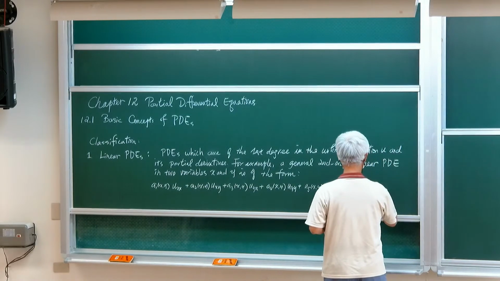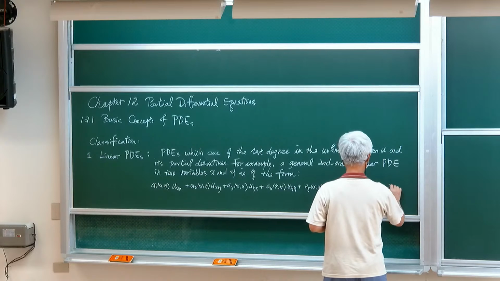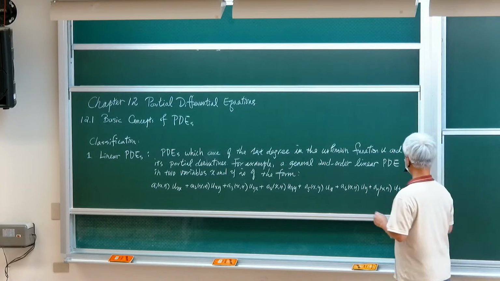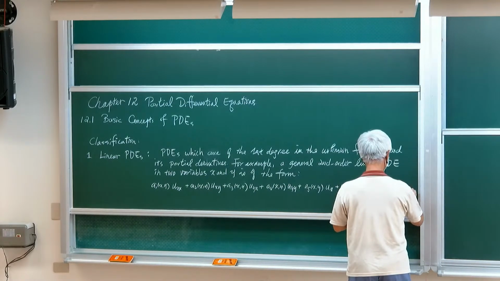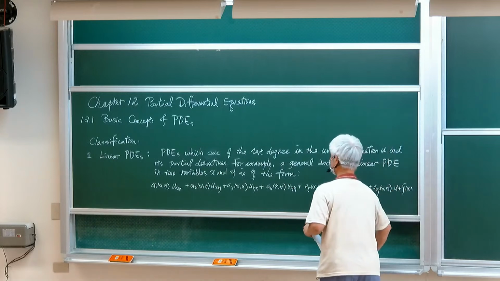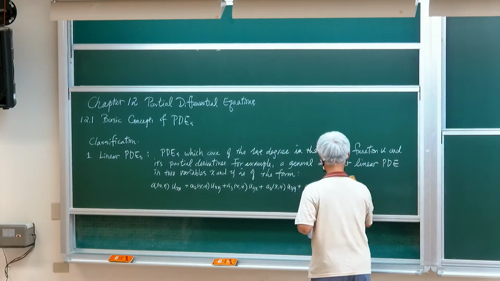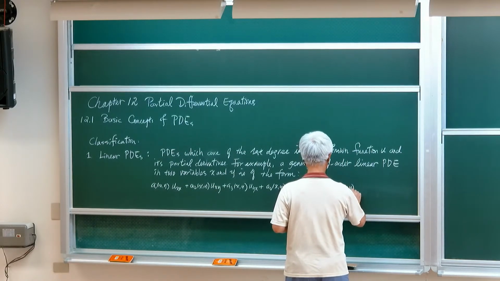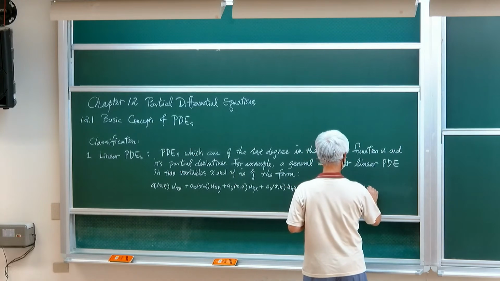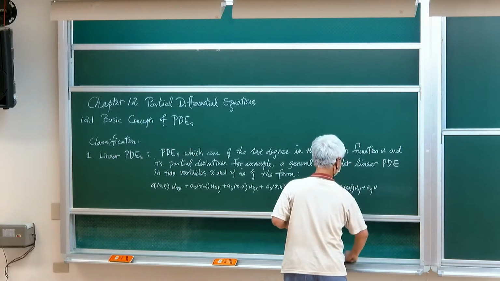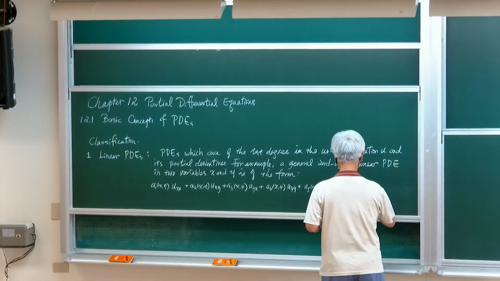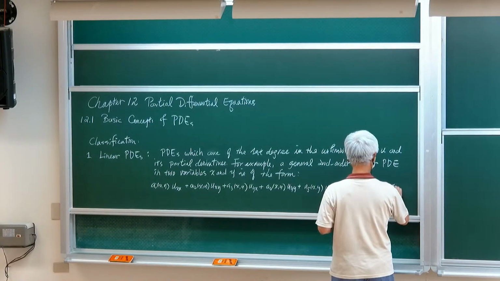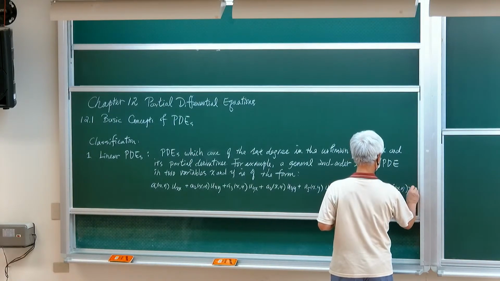So it's a7 and u, and plus a constant. So we say f(x,y). Maybe I should write it more compact. Plus a7(x,y) u, plus f(x,y) is equal to 0.